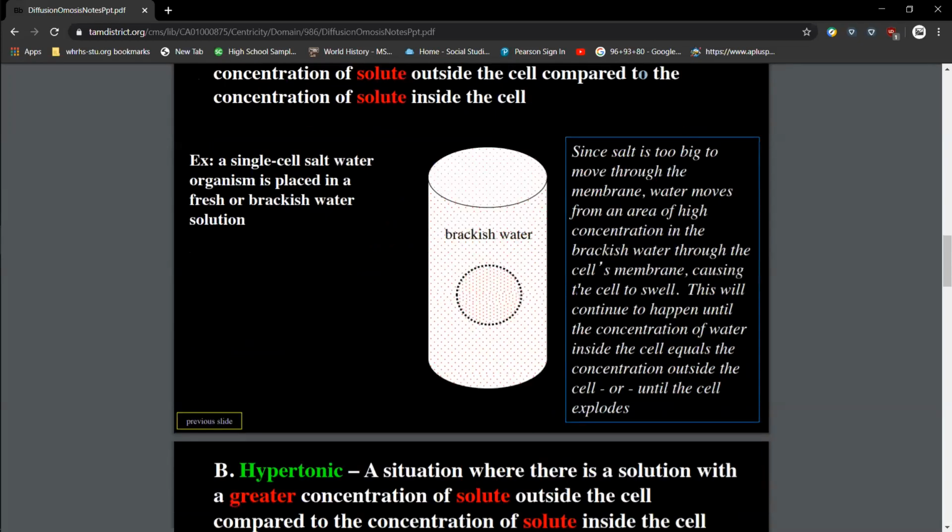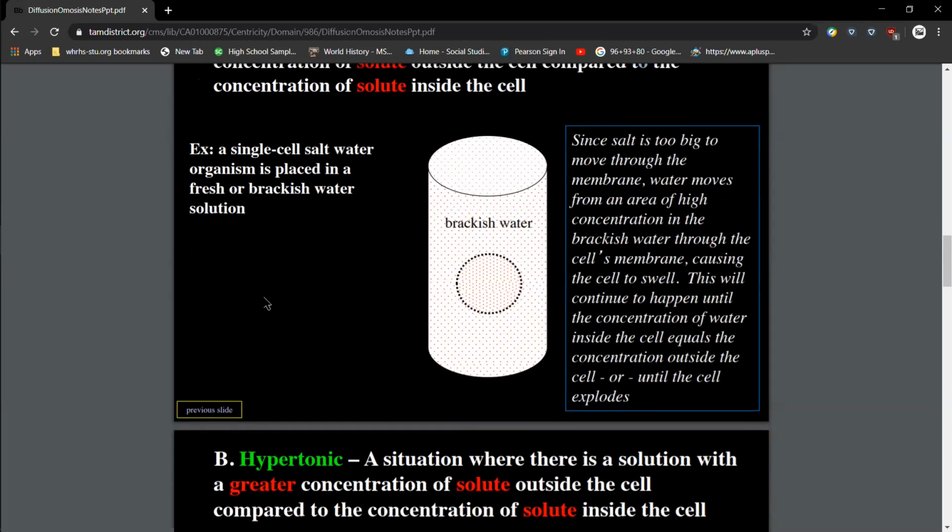In the example that they're showing here, you can see that this is the cell. It has a really high concentration of the solute, and you can see it because the red dots are really, really concentrated here. Then you have this water outside, which is brackish, and you can see that the red dots are not as concentrated.